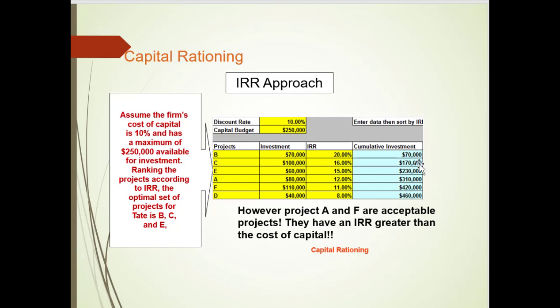So we can do projects 1, 2, and 3, but we can't do project 4 here because we'll spend more than $250,000. So this company will spend $230,000, all of them positive net present values, but we're also ignoring projects A and F that are both positive net present value projects. So again, internal rate of return, we understand its weaknesses, right? But that is one method. In this case, we would do projects B, C, and E.